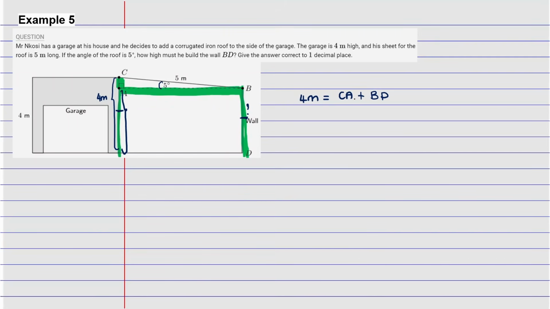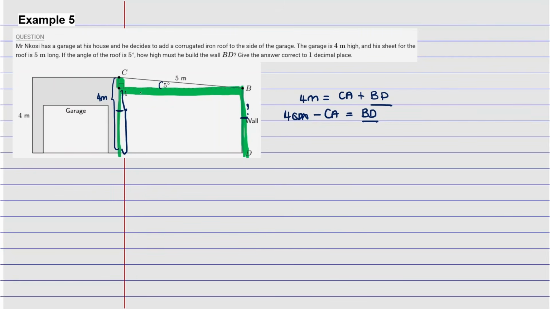Hope that makes sense. So for us to find this, we need to find CA and subtract it. So this is the same as saying 4 meters minus CA is equal to BD. So that's how we can find BD.